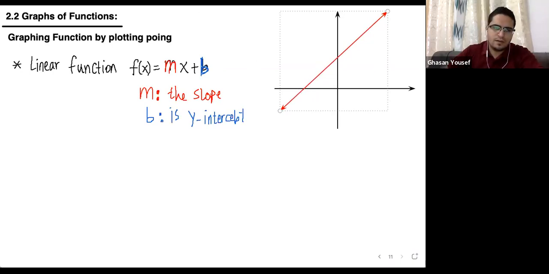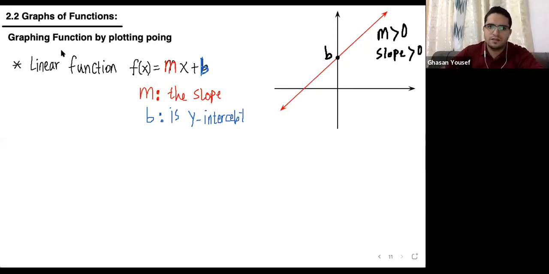This line has y-intercept equal b. This is b. Here, this line has slope m greater than 0. The m is positive, which means the slope is positive.